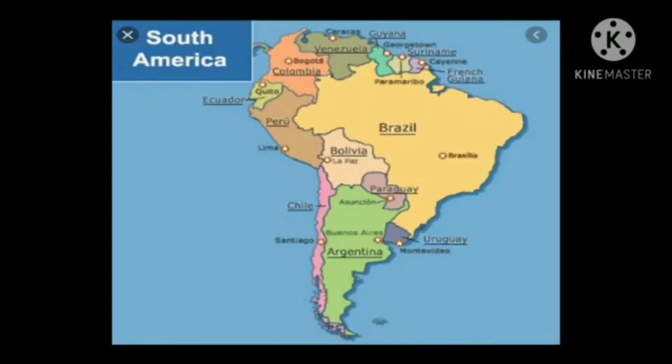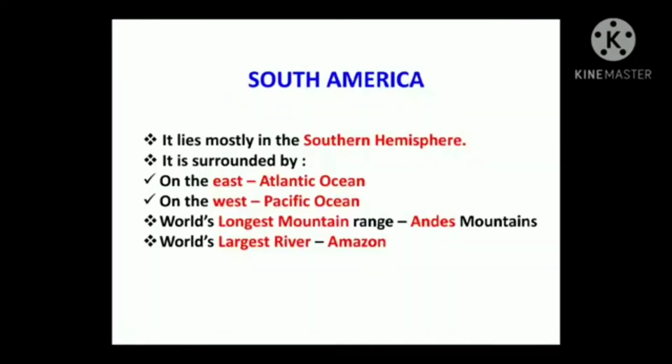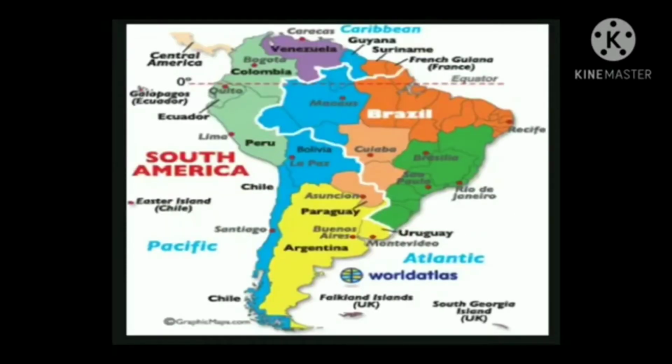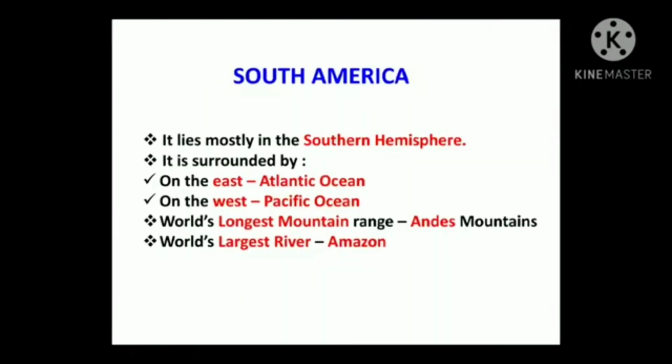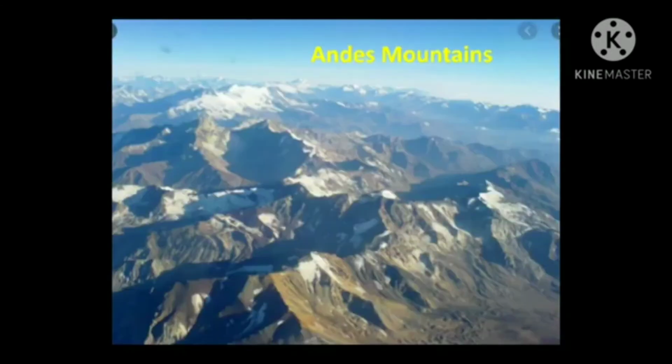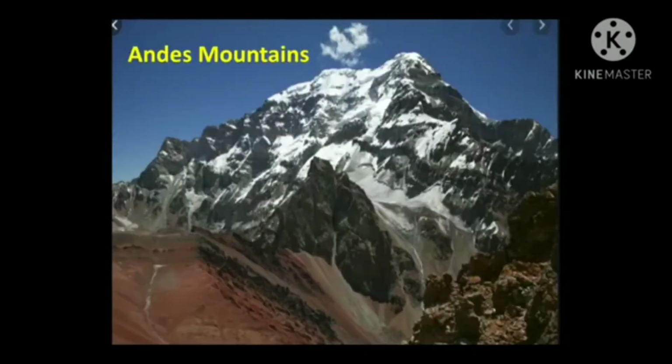And the next one is South America. It lies mostly in the southern hemisphere and is surrounded by two oceans: the Atlantic Ocean on the east and the Pacific Ocean on the west. The world's longest mountain range, the Andes Mountains, is situated in South America.